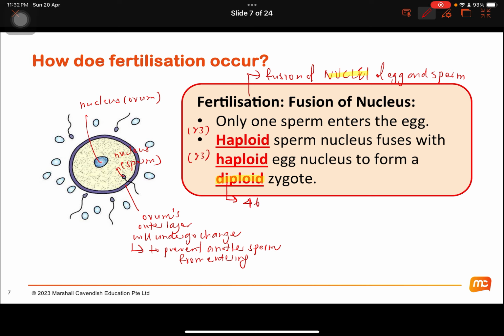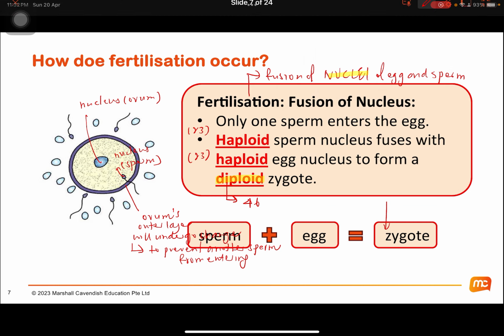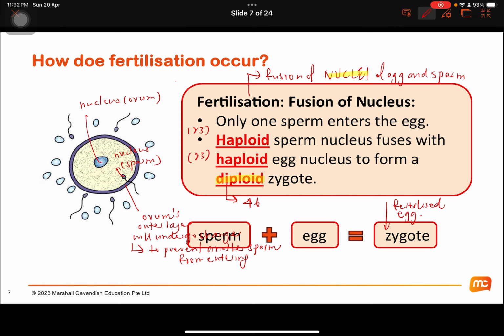That's the definition of haploid and diploid. I introduce a new term, zygote, that refers to a fertilized egg. So that is step number 2.